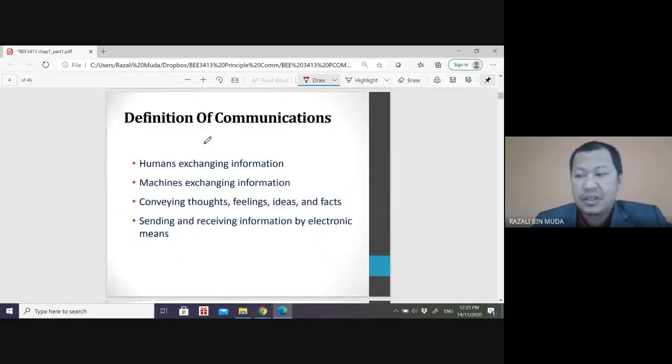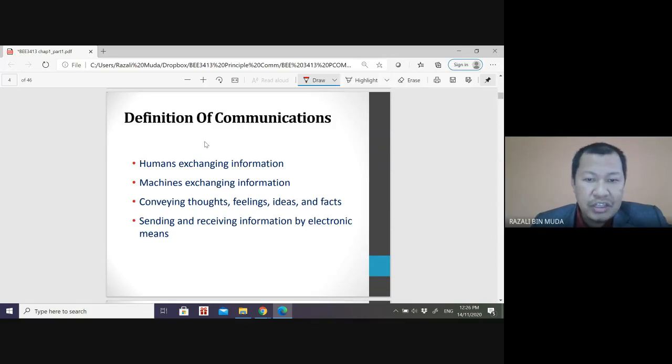So first, we will discuss the definition of communication. Human exchanging information. So for example just now, you see that two persons are exchanging some kind of information, so it falls into this definition of communication.